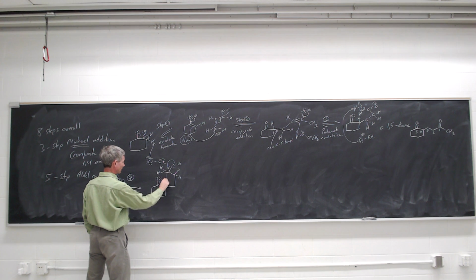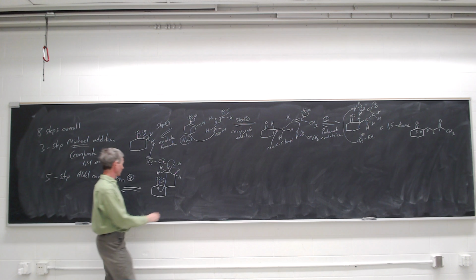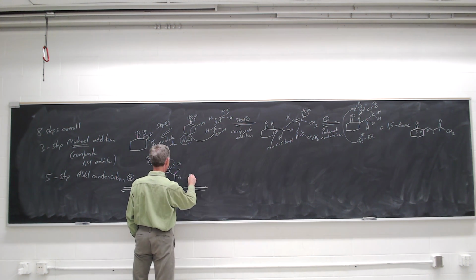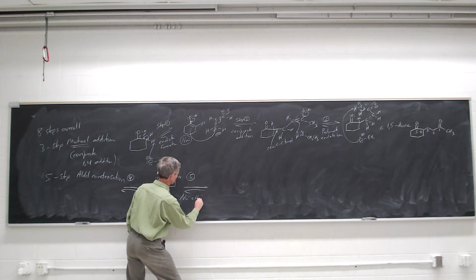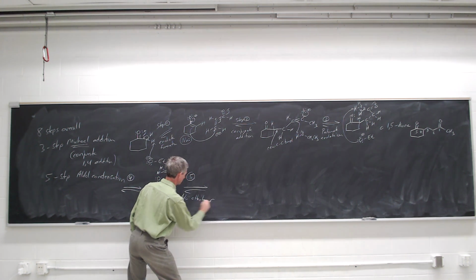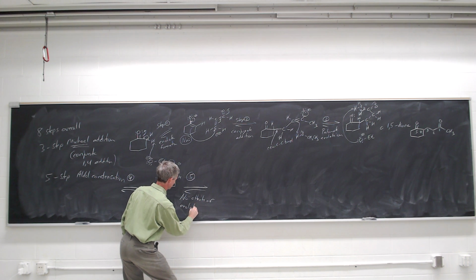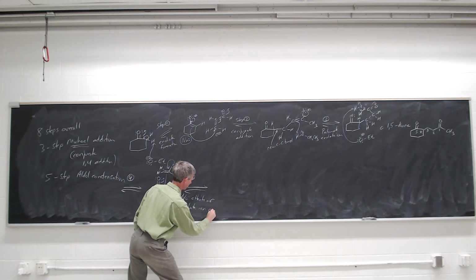This can come around and attack the carbonyl compound, forms a 6-membered ring. This is stable. So step 5, I have our enolate attack on the carbonyl.